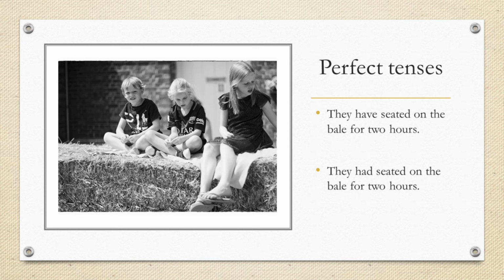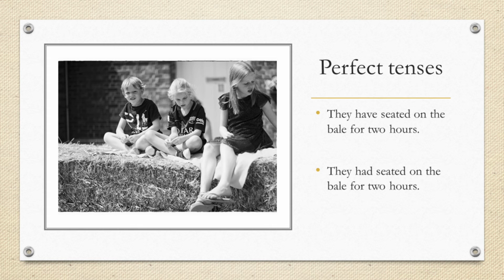Because if I use past perfect and I say they had seated on the bale for 2 hours, I'm probably talking about yesterday or something a little farther than the close time. Because if I use present perfect, I have to be talking about today or maximum yesterday. And past perfect is for things that happened long ago.